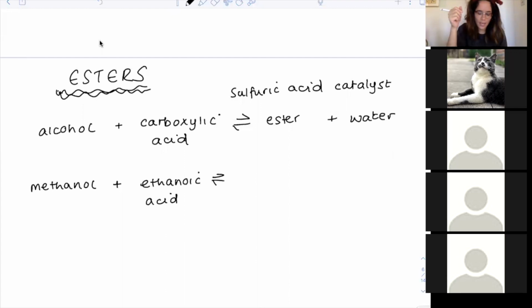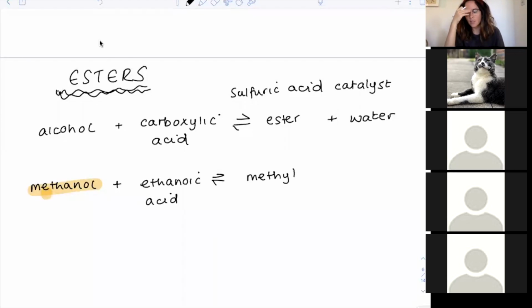Now, notice that the first part of the ester's name comes from the alcohol. So let's have a look. We have methanol, which means that the first part of the ester's name is going to have methyl. So it ends in "-yl". It's just using the fact that it's methanol for us to understand that it's methyl.